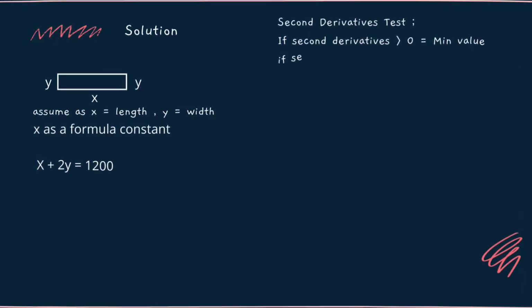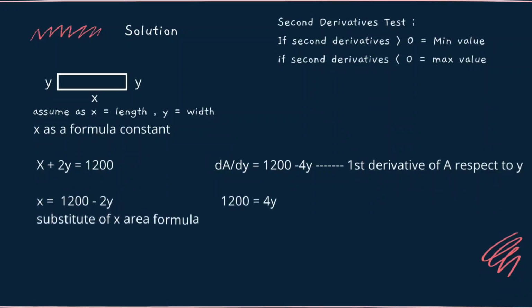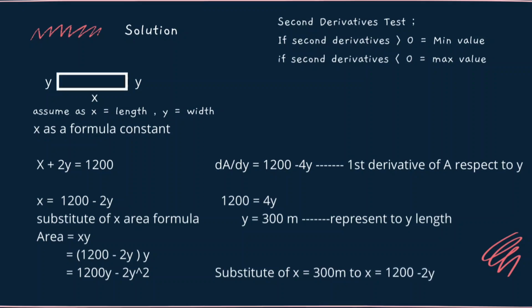So the solution is we assume x is length and y is width. The fencing is constant: x plus 2y equals 1,200. Sorry for my mistake. So x equals 1,200 minus 2y.